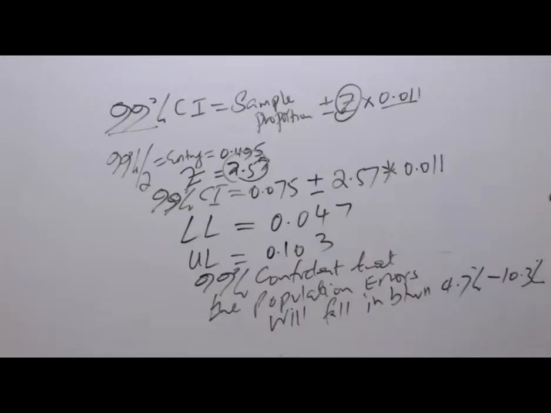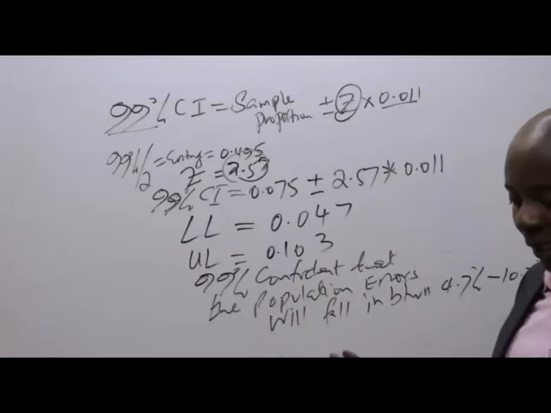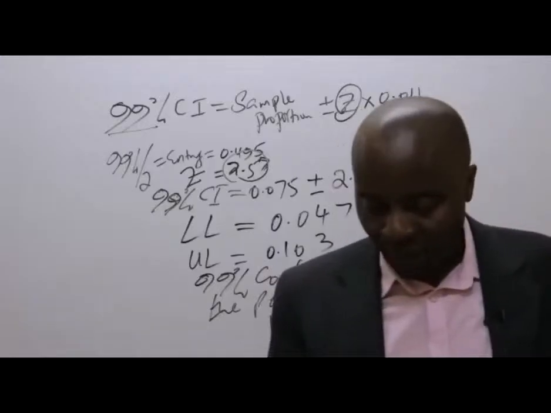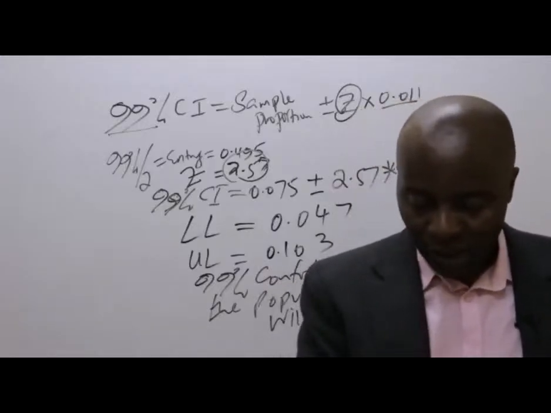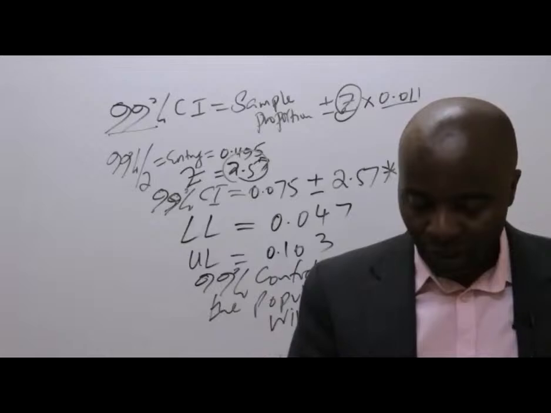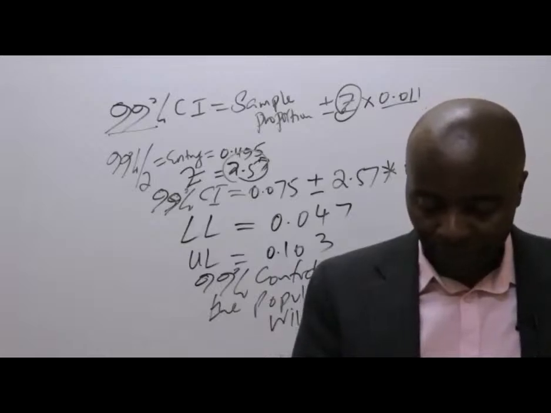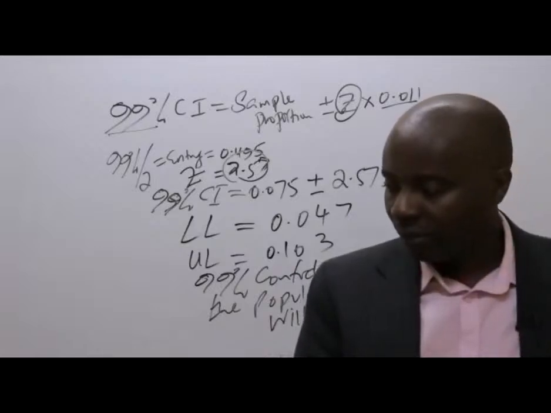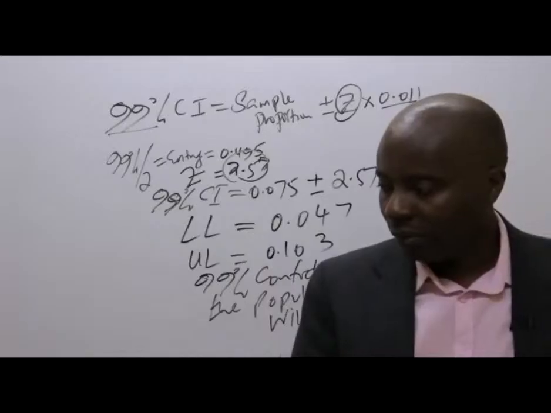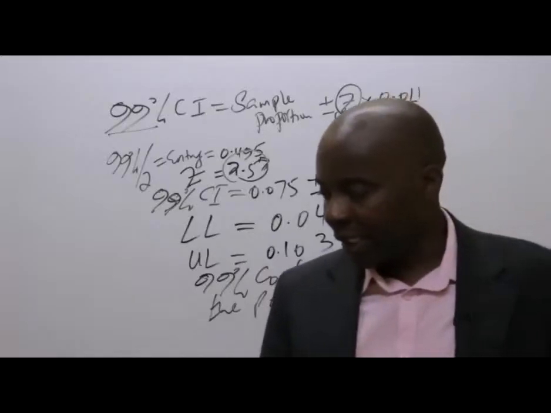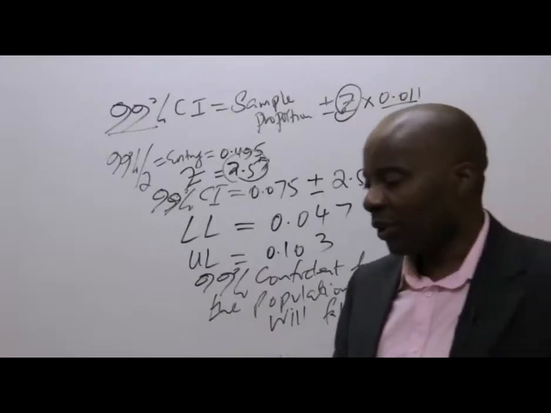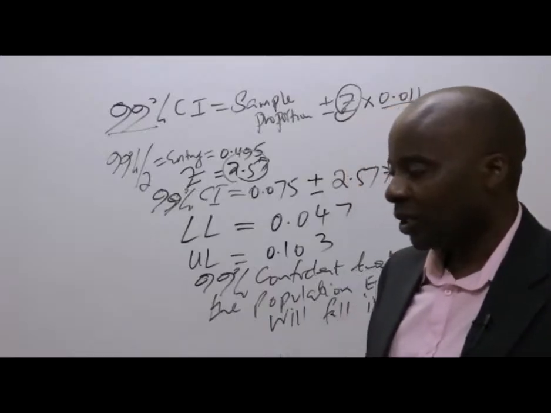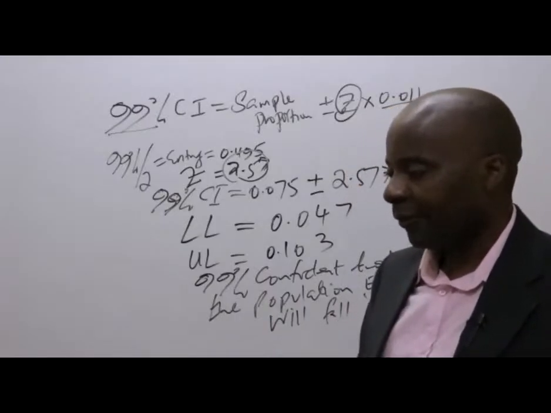So the upper limit and the lower limit, I want to believe that is okay with everybody. Yeah, Nancy, I can see you're also confirming this figure, which is pretty much okay.